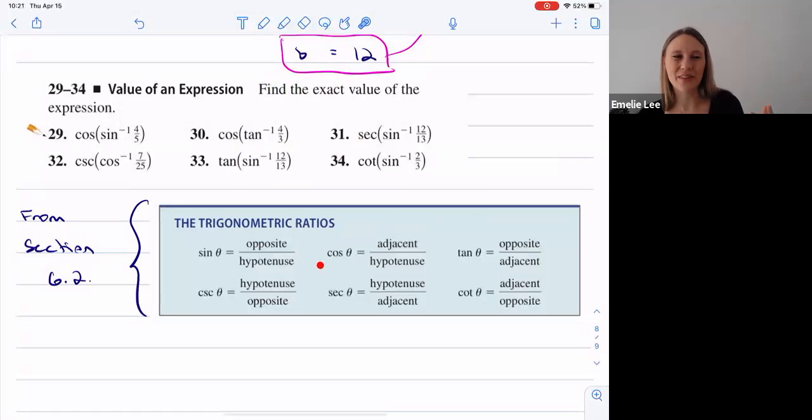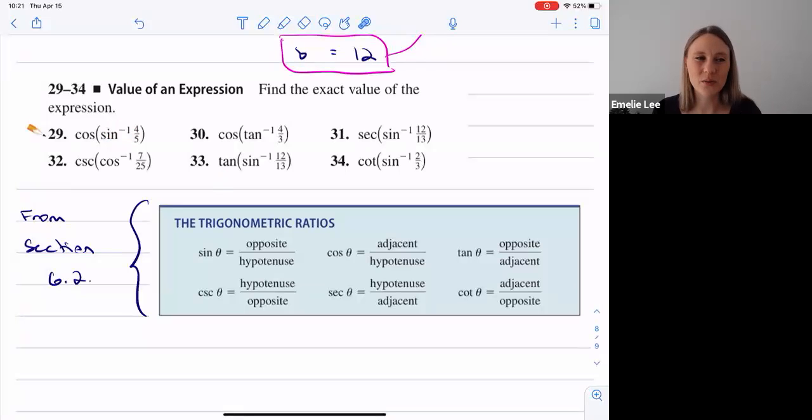Once you have the triangle, you can easily construct even the cosecant, the secant, the cotangent. You use the inside to develop the triangle, and then you can use the outside function, but the outside function just takes the triangle's opposite, adjacent, and hypotenuse.